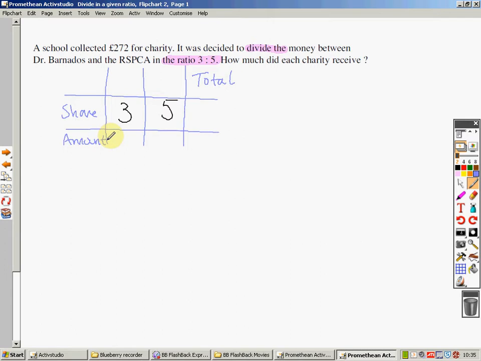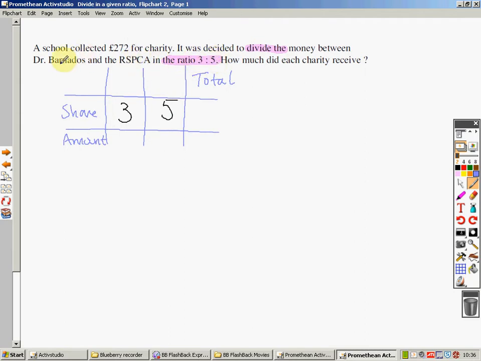So, I started with a 3 and a 5, I've drawn a grid around that, I've added a total column, and down here I identified that these are my shares, and I'm now going to calculate the amount. I'm just going to write in here which two charities it is. Now it was Dr. Bernardo's and the RSPCA in the ratio 3 to 5.